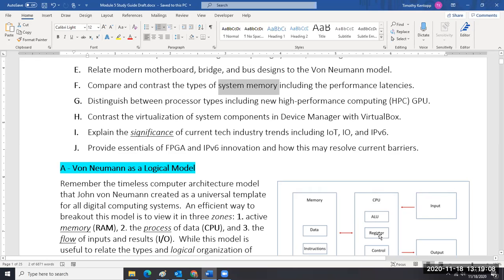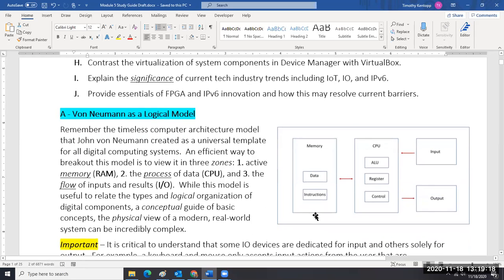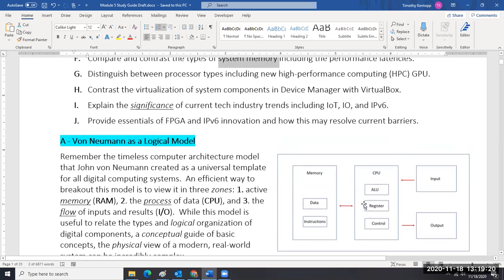So when we talk generically about system memory, we are talking about any memory register that is capable of storing data or instructions, right? So that could be in the register on the CPU, it could be in RAM, or it could be in persistent memory, non-volatile memory on the disk, okay?